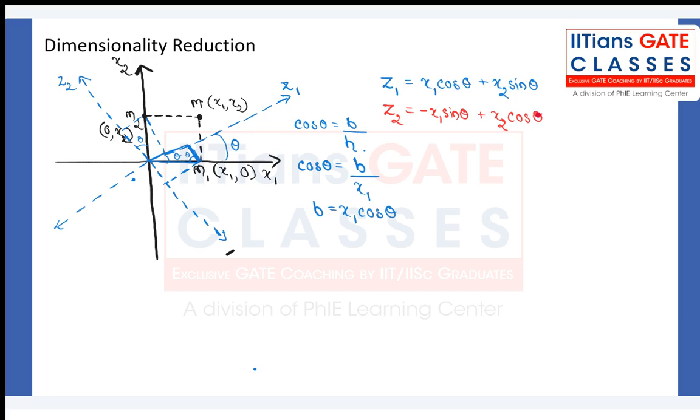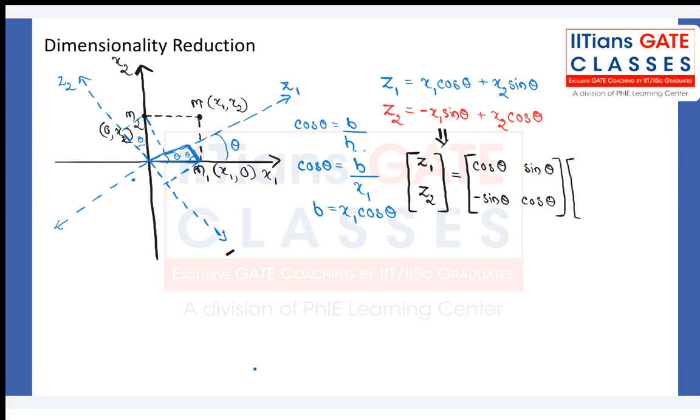We can write this equation in matrix form. This is a vector z1, z2, which is equal to, I'll just write it down first and then explain what's happening here: cosine of theta, sine of theta, minus sine of theta, cosine of theta, multiplied by a vector x1, x2.